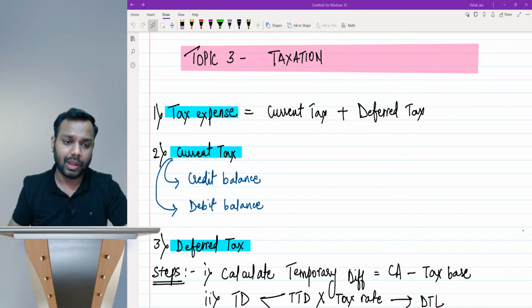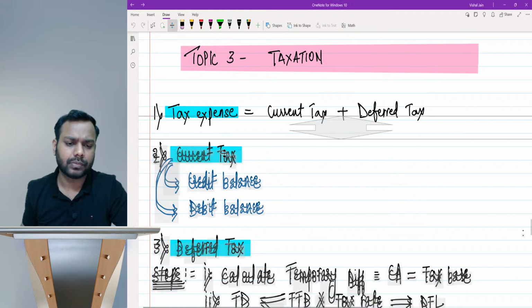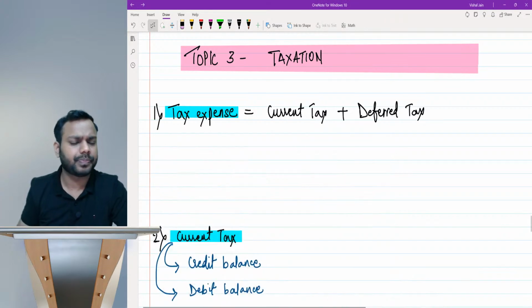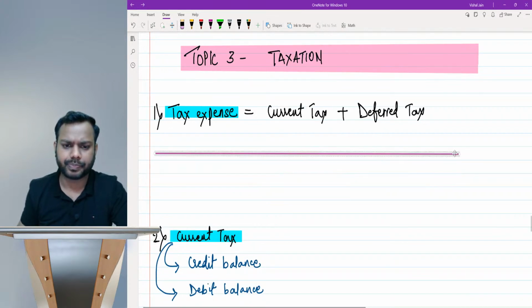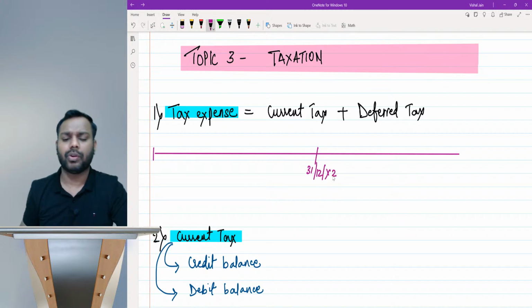Now you will understand that for current tax, let's suppose the financial year ended on 31st of December x2.